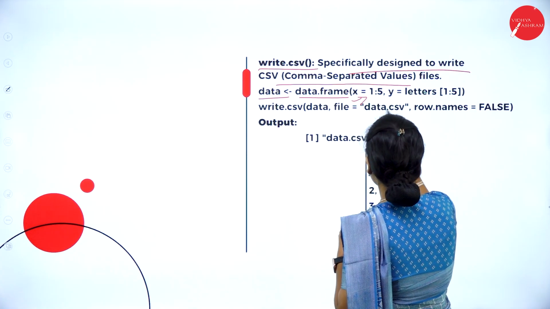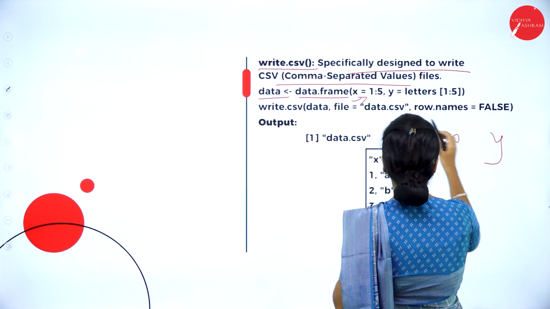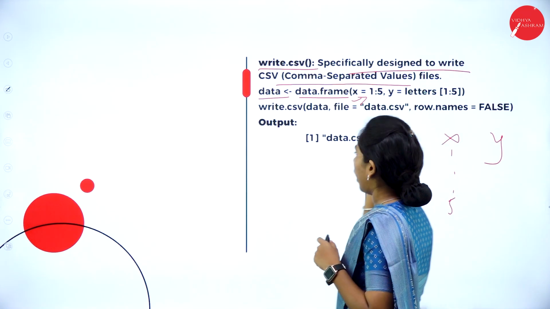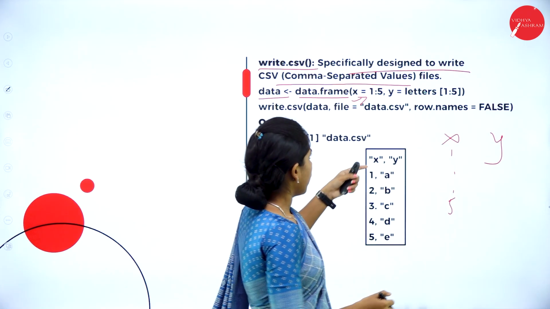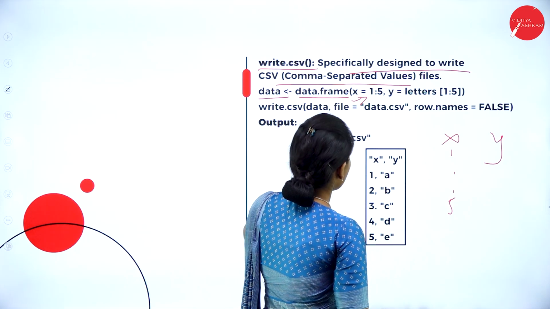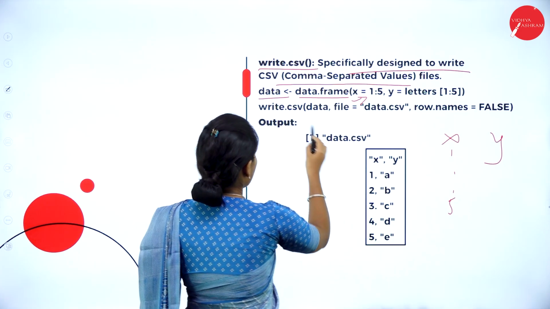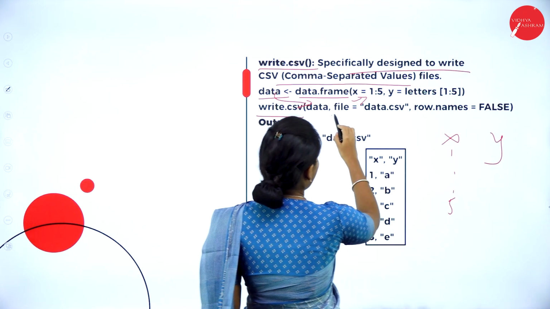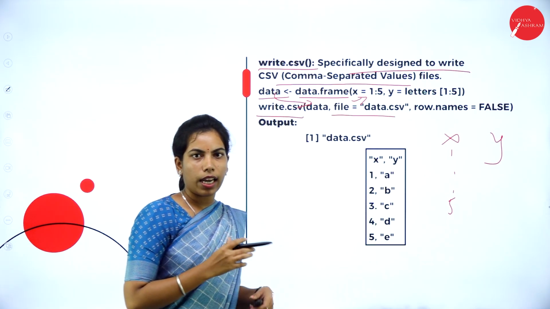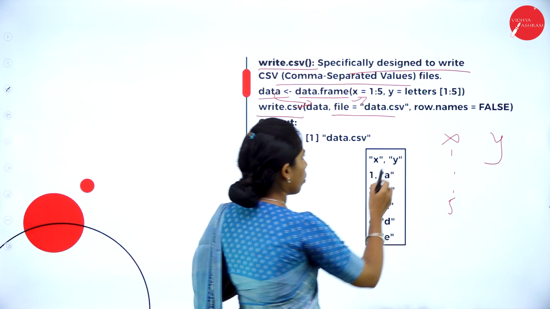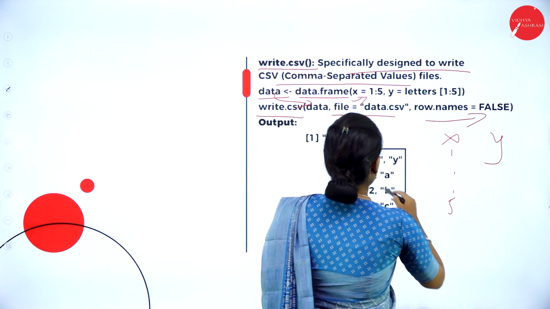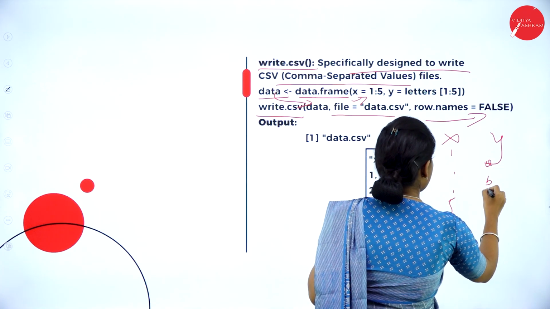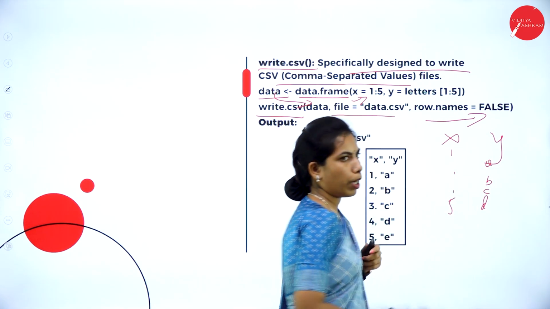Assign x, which is my frame name, and y is also my frame name. In x we use 1 to 5, and for letters I give the letters A to E. Then we give write.csv with whatever data we pass here, and we store this file as data.csv, with row names false. So here you can see 1, 2, 3, 4, 5, and A, B, C, D, and so on. Likewise, it will be printed.